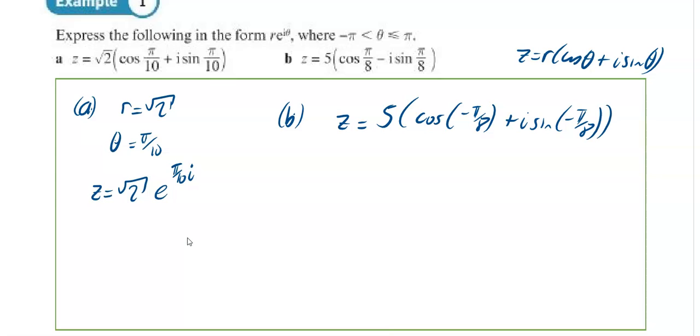We're now good to go. So now clearly you can see your r is equal to just 5, and your theta is equal to minus pi over 8. The minus is important. So your z then is equal to 5 e to the minus pi over 8 times i.